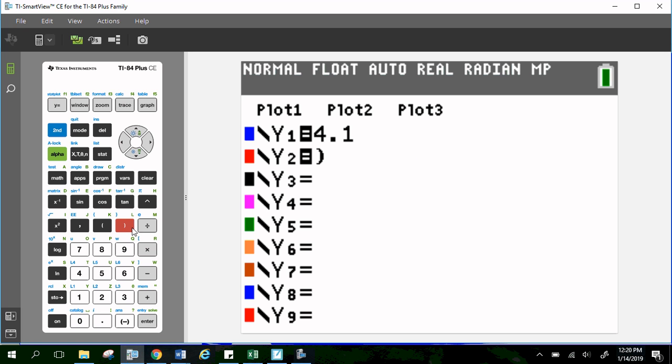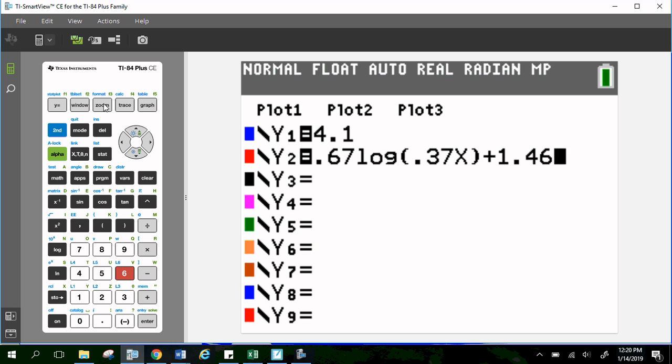And, oops, messed that up. 0.67 log of 0.37 X, close parentheses, plus 1.46.